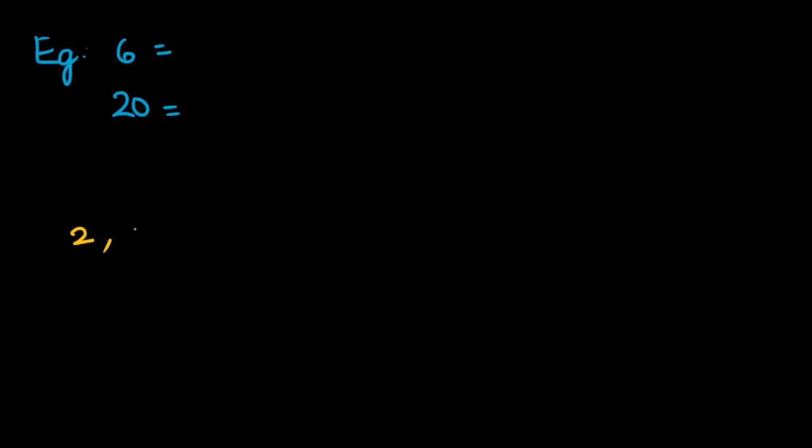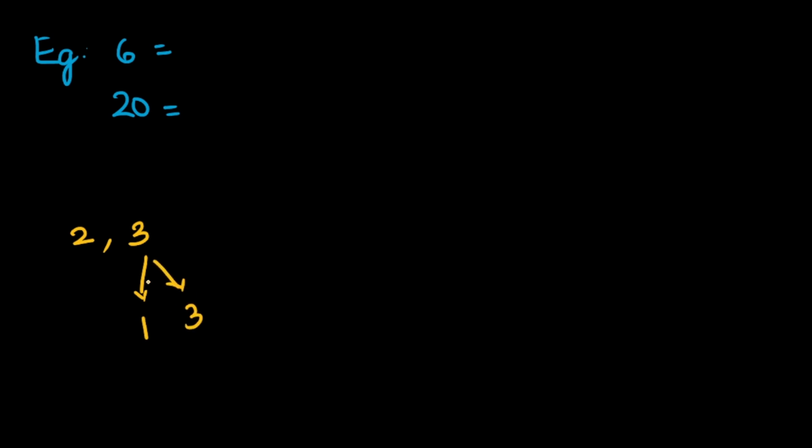It's a prime number. Same for 3. 3 is only divisible by 3 itself, right? And 1, of course. Other than that, is there any other number that 3 is actually divisible by? No, right. Does 3 have any other factors apart from this? 3 only has two factors, one factor is 1 itself and the other factor is the number itself, that is 3.